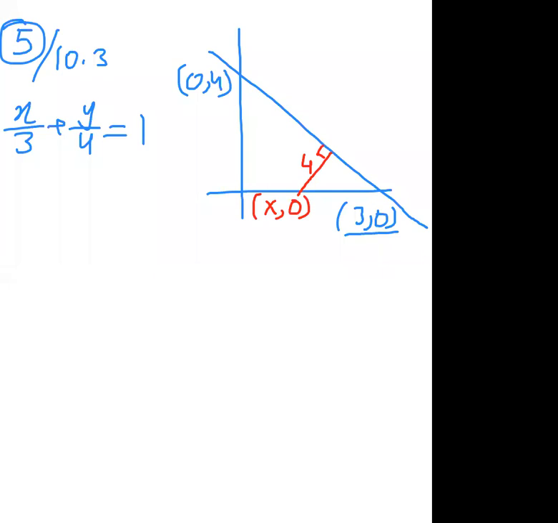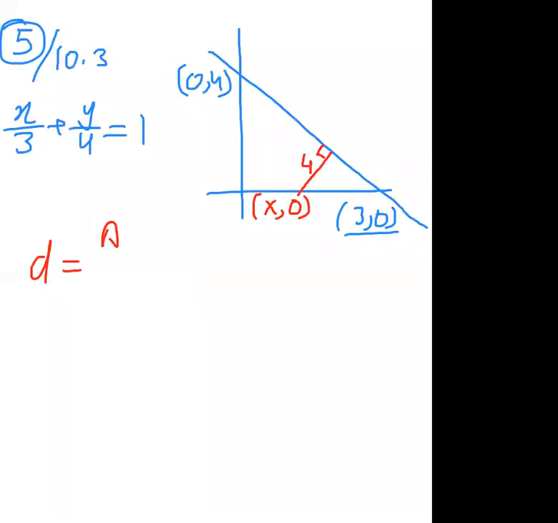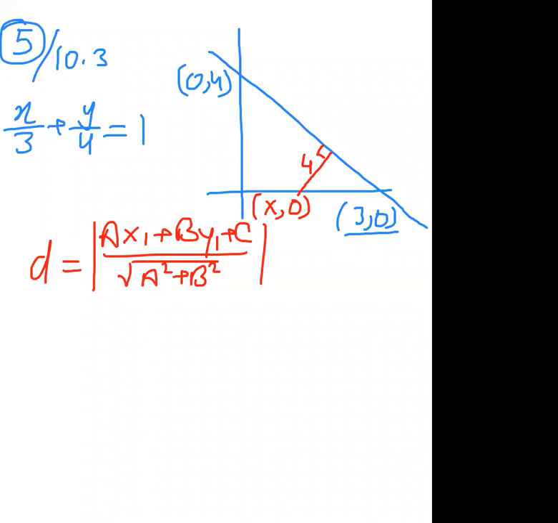So the distance of a point from a line is equal to mod of ax1 plus by1 plus c upon square root of a square plus b square. Distance is 4. A is the coefficient of x, that is 1 upon 3. x1 is x.